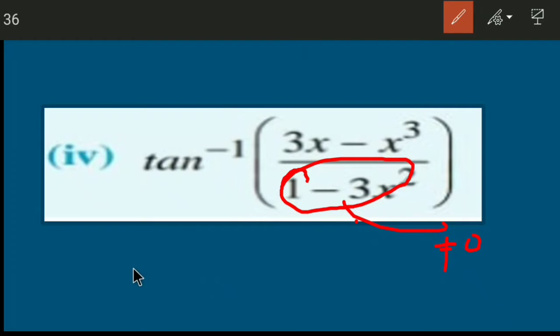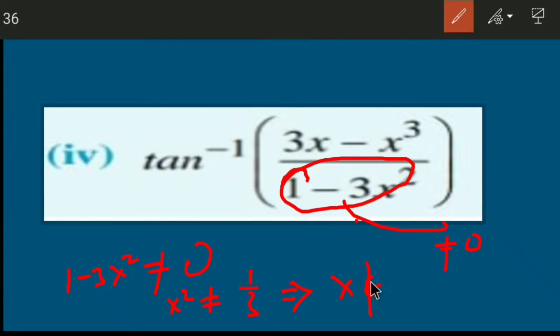So 1 minus 3x square is not equal to 0, so x square shouldn't be equal to 1 by 3, and this implies that x does not belong to, that is only 2 different values, minus 1 by root 3 and plus 1 by root 3.